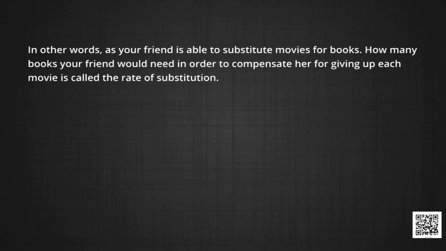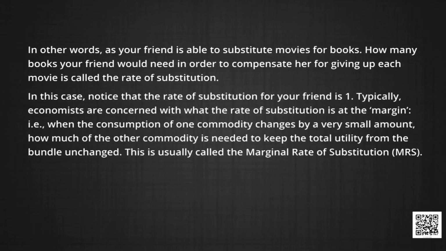How many books your friend would need in order to compensate her for giving up each movie is called the rate of substitution. In this case, the rate of substitution, notice, is 1 for your friend. Your friend is giving up 1 movie for 1 book. Typically, economists are concerned with what the rate of substitution is at the margin.